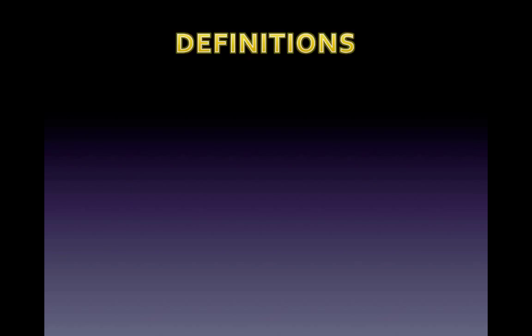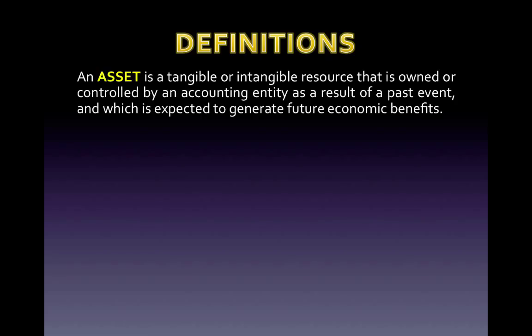Now we went through some definitions of what an asset is. I won't go into it again. Assets are resources. They can be tangible, things that you can see. Intangible ones are those that you can't. You're going to study that more in your further studies in accounting. Resources can be owned, but don't always have to be owned as long as they are controlled in some way. And it is expected to generate future economic benefits. In other words, it's expected to generate cash because the ultimate future economic benefit is cash.